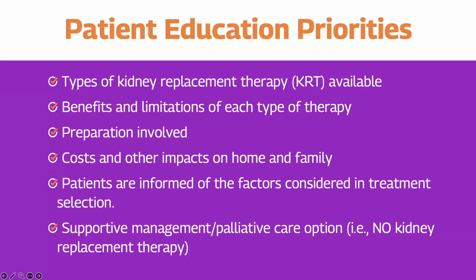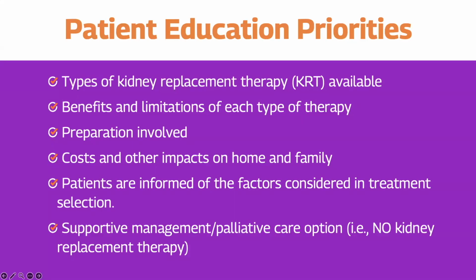So this hopefully is going to result in better patient outcomes and reduced financial costs. The interdisciplinary team not only educates the patient and the family about the therapy options, but also advises them on the benefits and the challenges of each and which should be most suitable for the individual patient from both the physical and the psychosocial aspects.